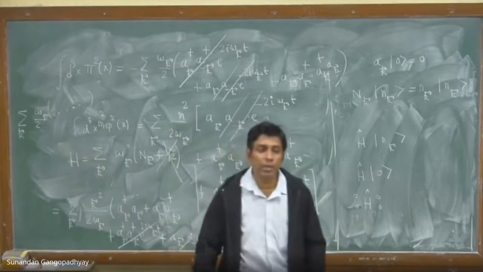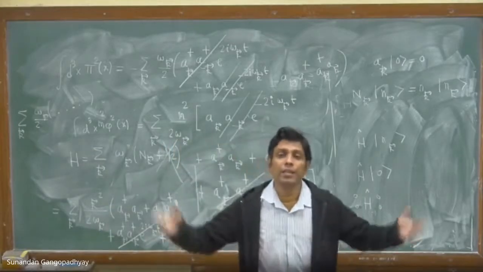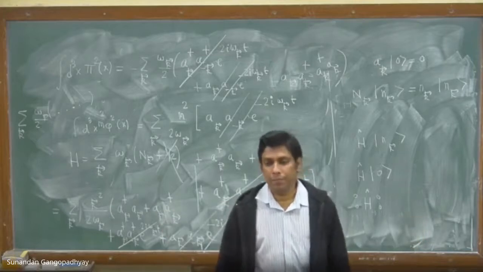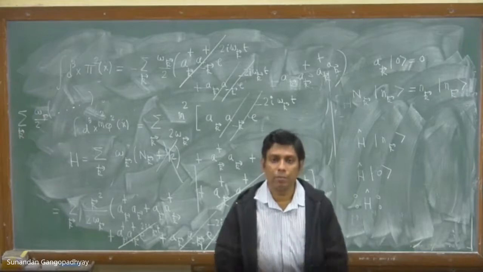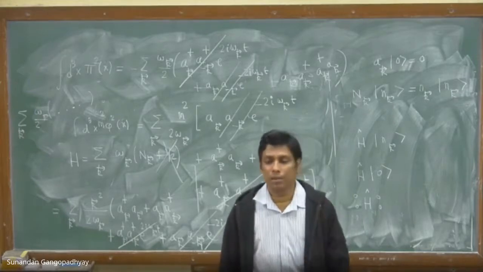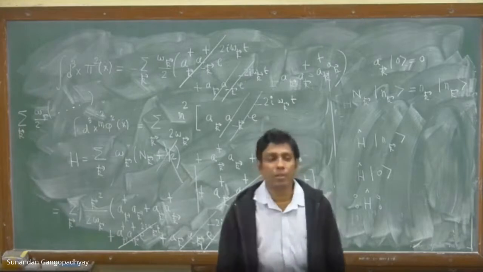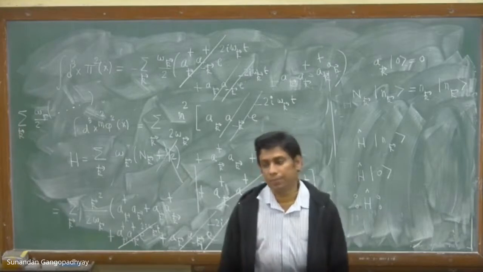So a field theory already has infinitely many degrees of freedom. For a one-dimensional simple harmonic oscillator in quantum mechanics, the number of degrees of freedom was 1, but here the number of degrees of freedom is infinite.